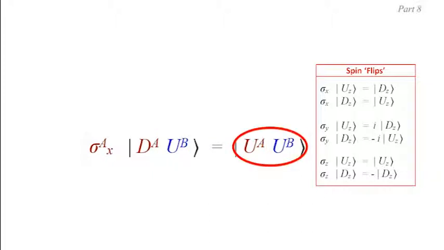In other words, sigma AX on the down A bit will flip it to the up state and give a multiplier of +1, the electron B being unaffected. So the final state is simply up, up in the Hilbert space. There is a multiplier of +1, but clearly we don't see it here.